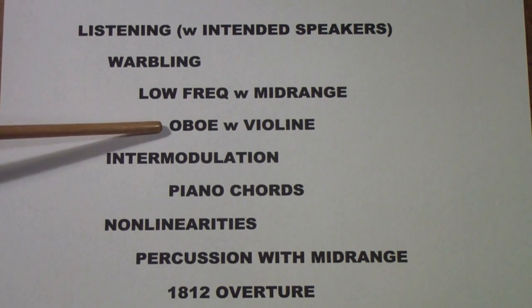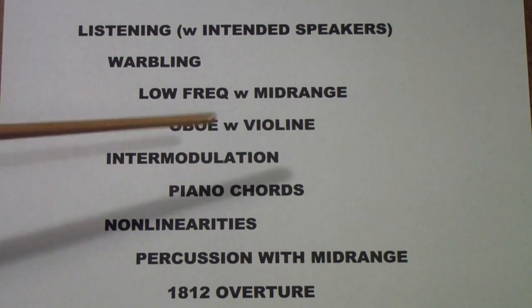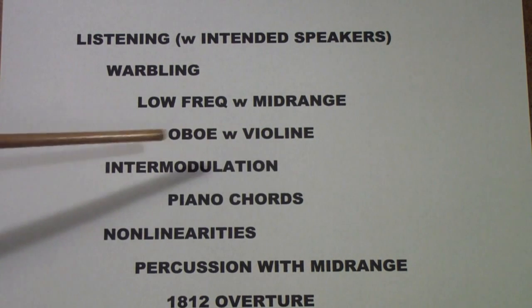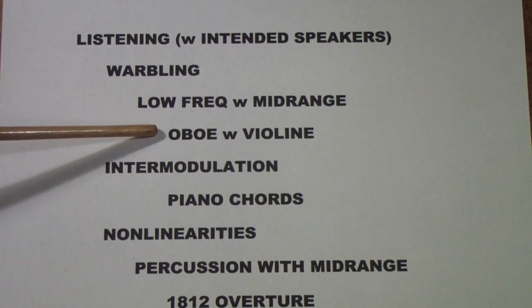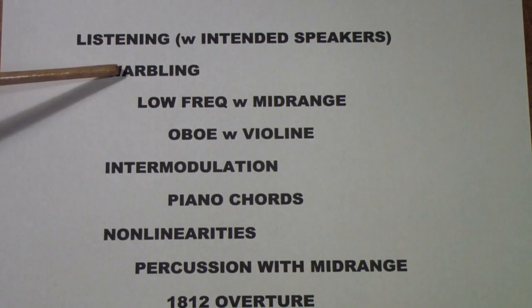A good thing for this is if you have some music that contains violins by themselves and then those same violins with an oboe or some other low-frequency instrument. That's some of the best music to test for this warbling.